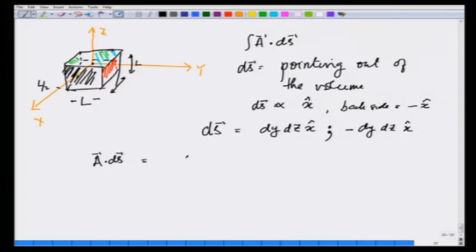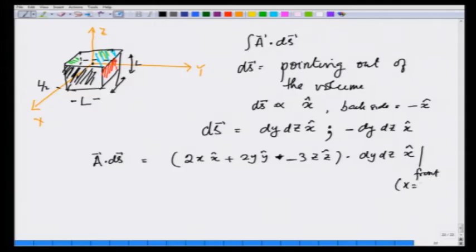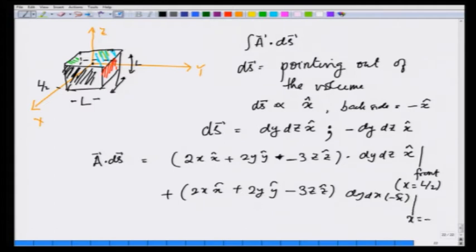A is nothing but 2x in x direction plus 2y in y direction minus 3z in z direction, dot ds, which will be dy dz in x direction for the front surface, where x is equal to L by 2, plus the same A dot dy dz times minus x-hat at x equals minus L by 2.